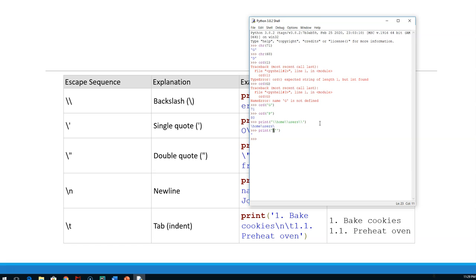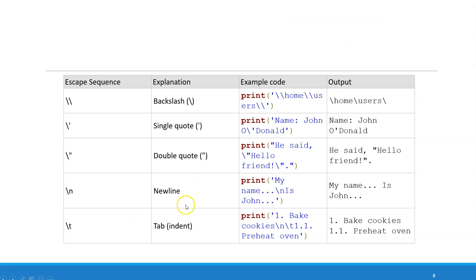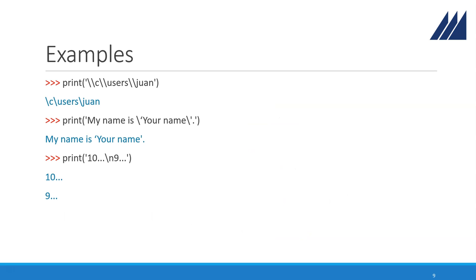The backslash was telling Python to print the one that comes after it, which is the single quote, and that's what happened here. We saw the same thing if I do it for a double quotation mark; it works the same way. If I have an n, we used it before, it's going to take you to a new line. If I have a t, it's going to take you to a tab. It's going to indent your code, basically. It's not going to print it right away.